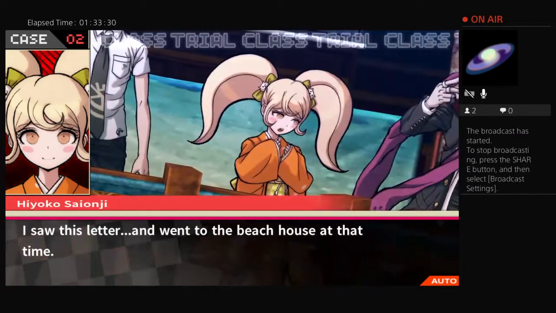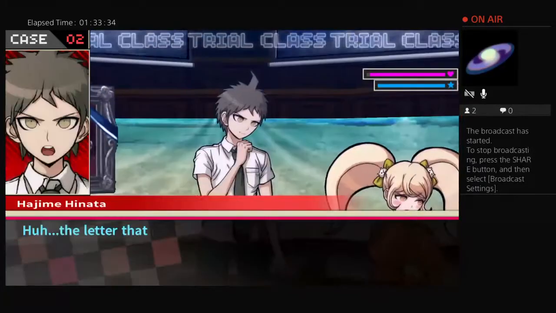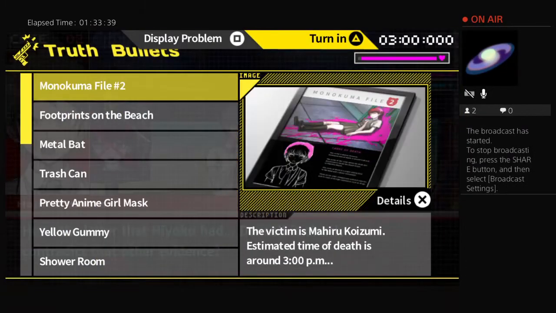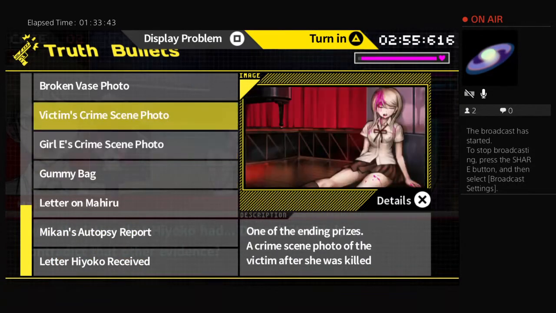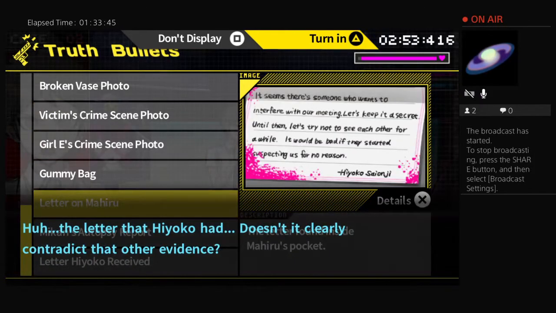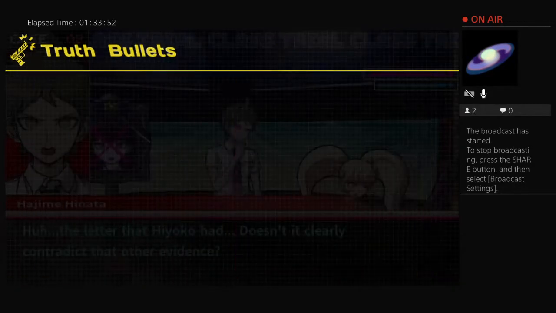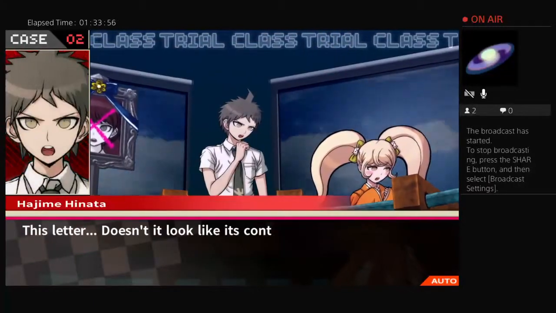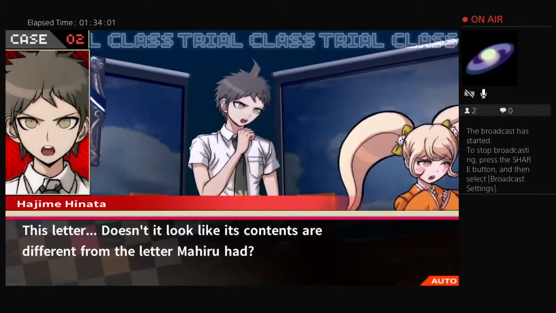I took this letter and went to the beach house at that time. I can prove it with this. This letter. Doesn't it look like its contents are different from the letter Mahiru had?